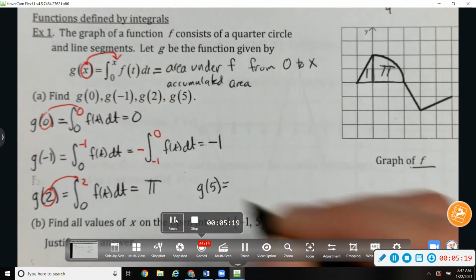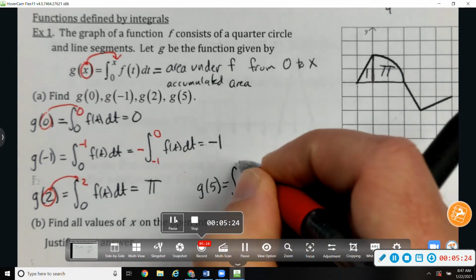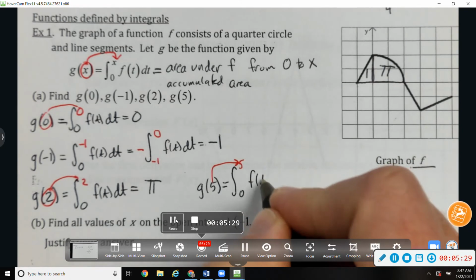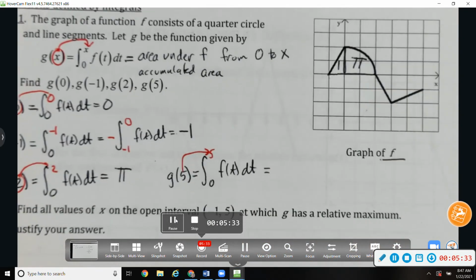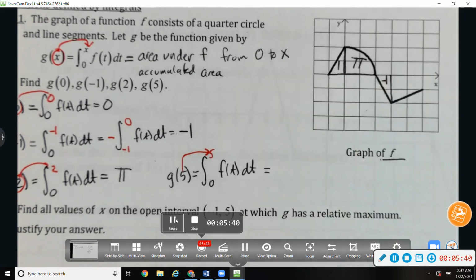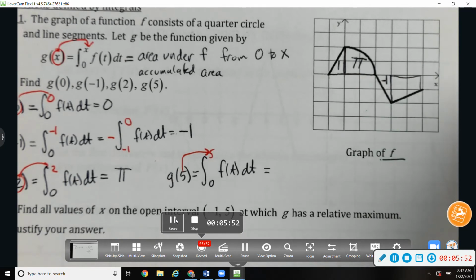And then lastly, g of 5, the integral from 0 to 5. Well, we're just adding up the area, so I need to find these areas. Let's see, that would be negative 1. Again, the area is 1, but it's under, so I'm just going to call it negative 1. This thing is, what is that, a trapezoid?